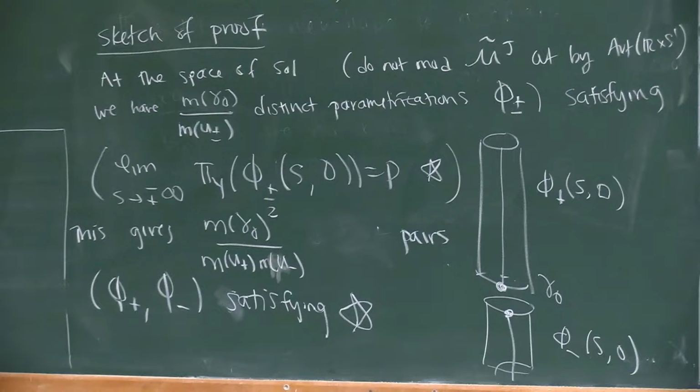Okay, so we look at the cyclic group corresponding to the multiplicity of gamma naught.